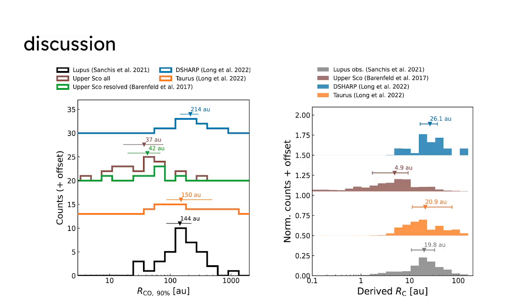Lastly, what they did is they decided to apply their results, and they took a number of samples of disks that had R90 measured from a range of star-forming regions. So, for example, in Lupus and Taurus, D-sharp, I don't remember which constellation that is, and Upper Scorpius.